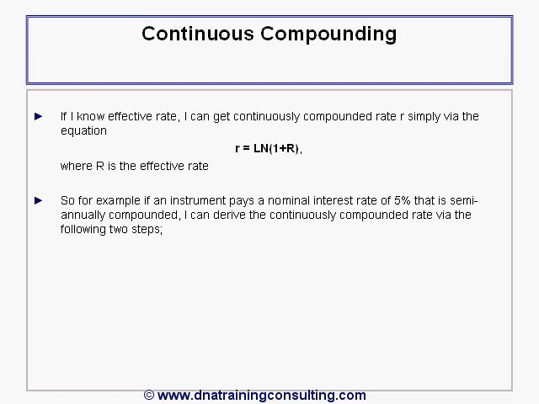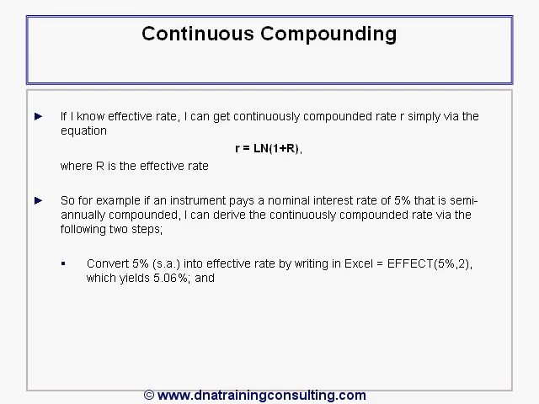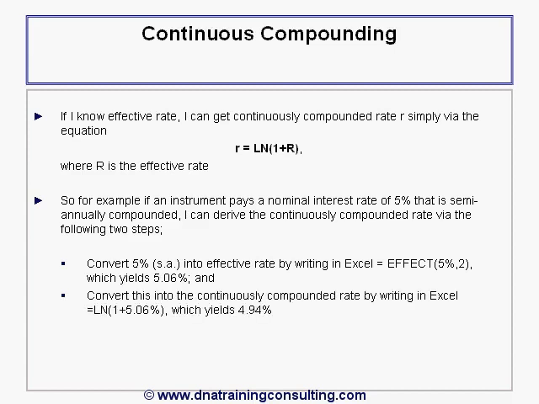The effective equivalent of this rate as a first step is obtained in Excel simply via the operator equal effect open parenthesis 5% comma 2, where the 2 refers to the semi-annual compounding of the original interest rate, giving you an effective rate of 5.06%, and then applying the ln operator gives you 4.94%, which is the input you need in the Black-Scholes model.